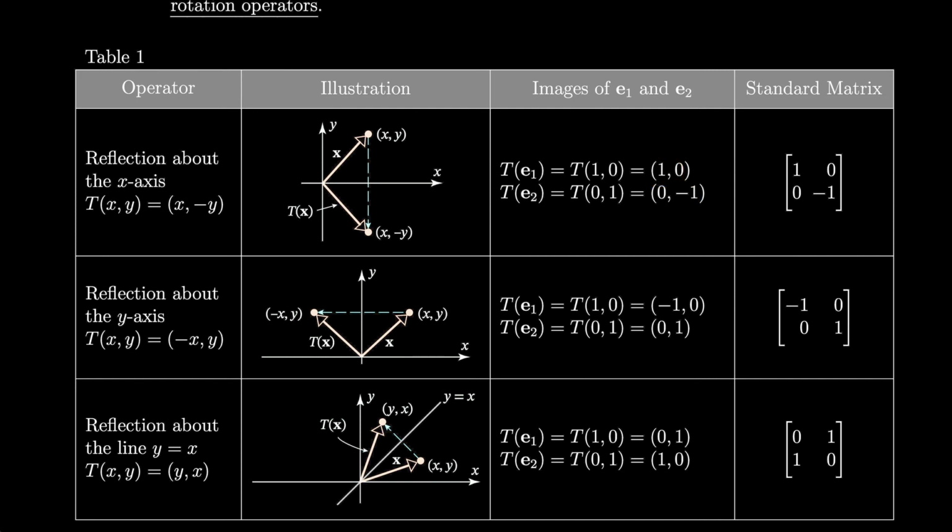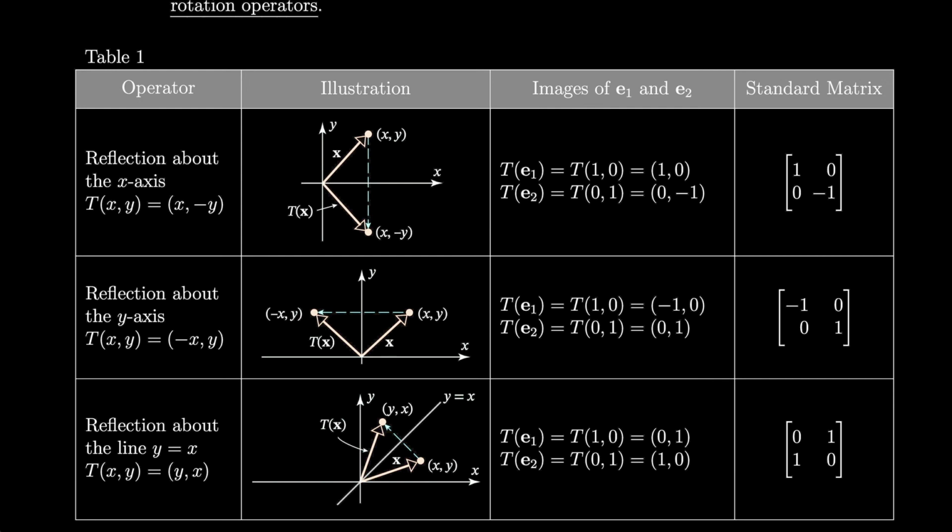So that means that we get the standard matrix formed by those 1, 0, and 0, minus 1. So we could take a vector x, multiply it by the standard matrix 1, 0, 0, minus 1, and it would end up being reflected over the x-axis in R2.